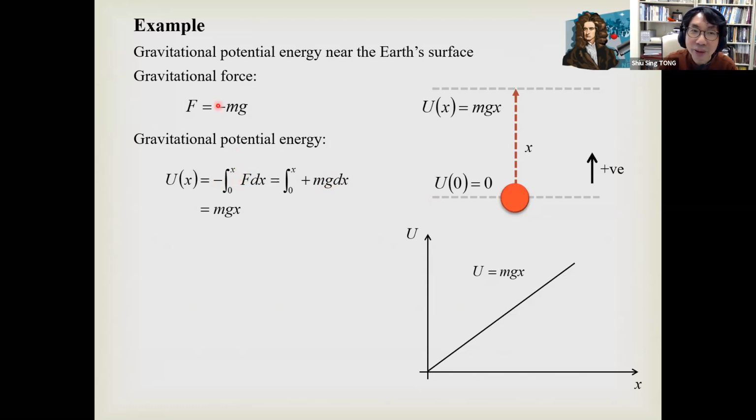The conservative force in our case is the downward gravity of mg, which is minus mg. And if you express the potential energy in terms of that conservative force, you have to put an additional minus sign. Of course, the two minus signs cancel, and that gives you just plus mg.